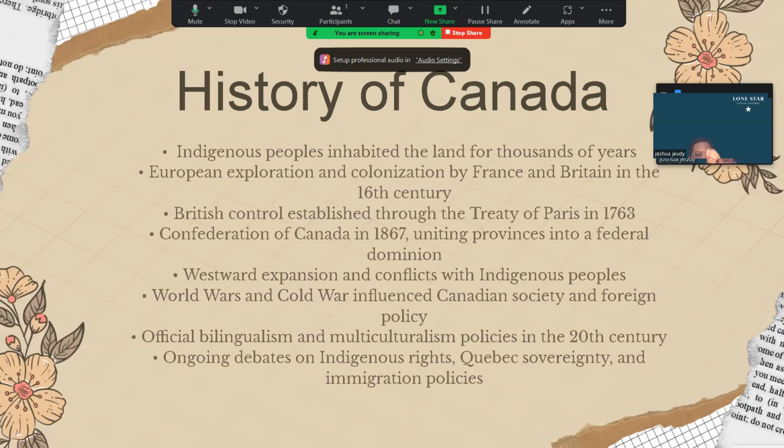As the years press on, Canada is formed as its own nation. However, it is part of the Commonwealth, and it still has a relationship with England. Eventually, the Canadians make a truce. Canada is a bilingual nation. So if you are speaking English, you are also to speak French.